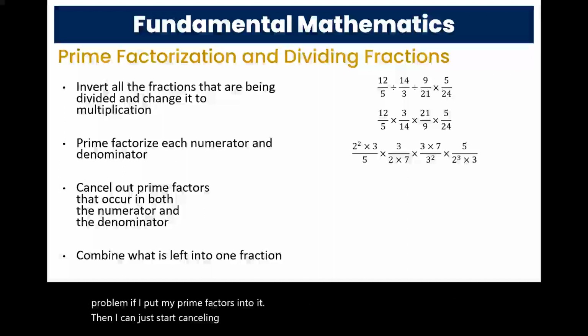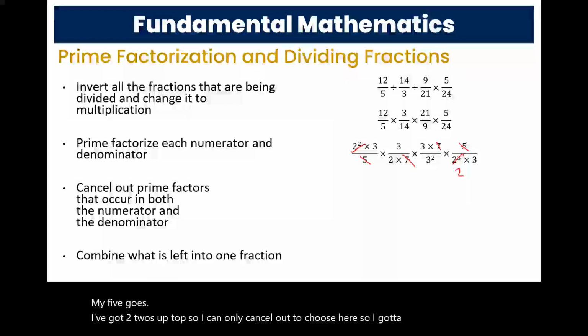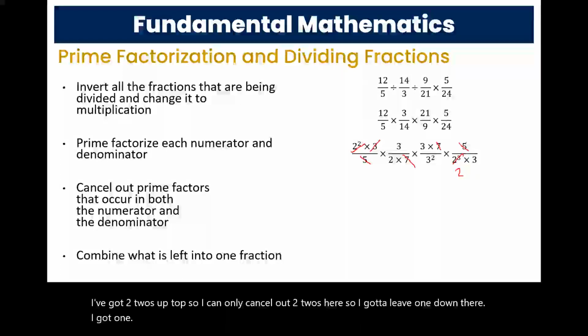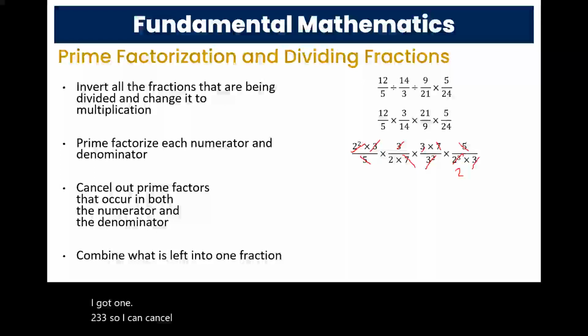So what's going to cancel in this case? Looks like my 7 goes, my 5 goes. I've got 2 2s up top, so I can only cancel out 2 2s here. So I have to leave 1 down there. Then I've got 1, 2, 3 3s, so I can cancel all my 3s. So what's left behind this time?